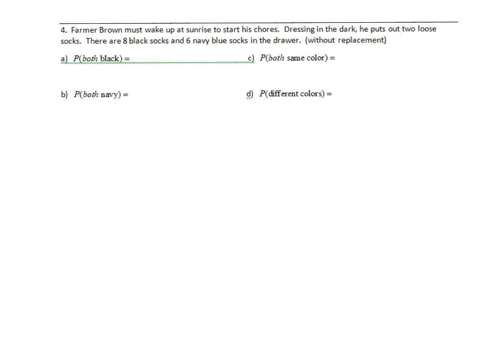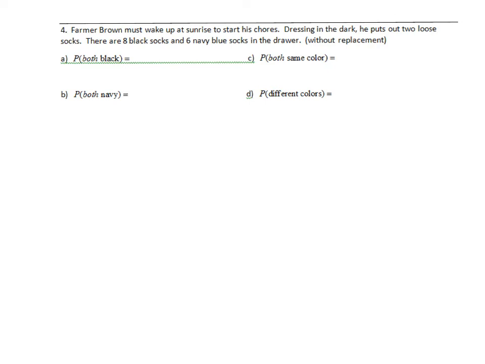So let's imagine the situation. It's a dim, dark morning, and he opens his drawer, takes out a sock, puts it on, and takes out another sock, not caring what he gets, because black is really close to navy blue, and who's going to check? So once he takes a sock and puts it on, he takes another sock.